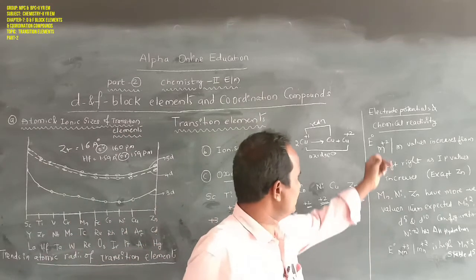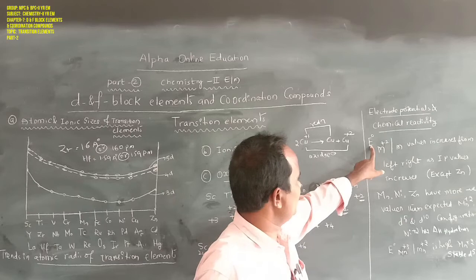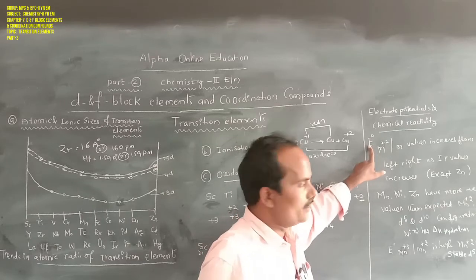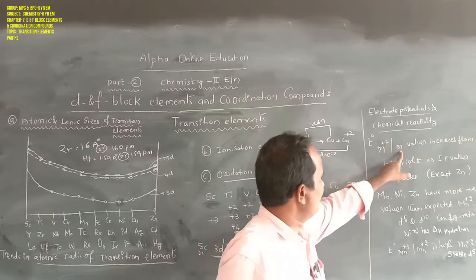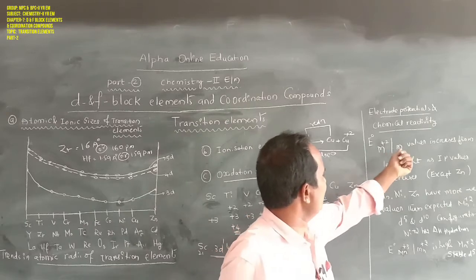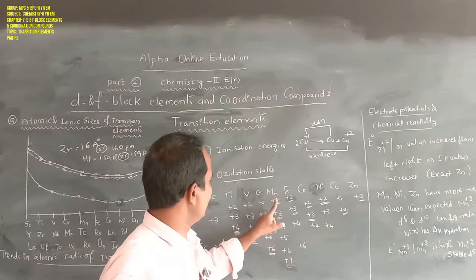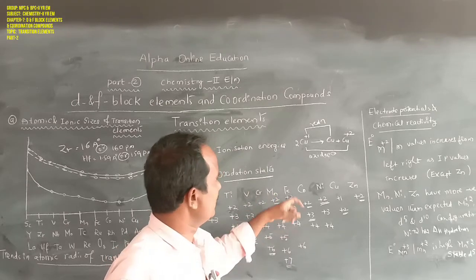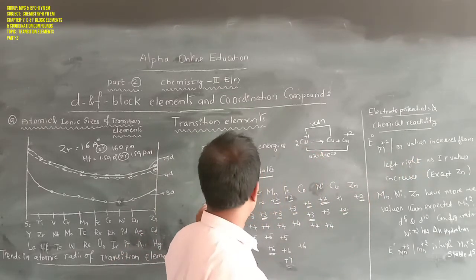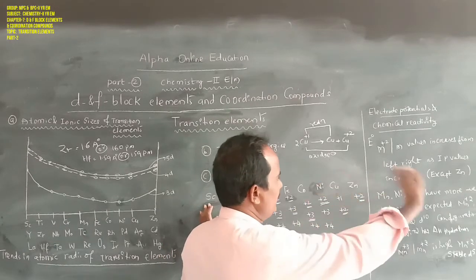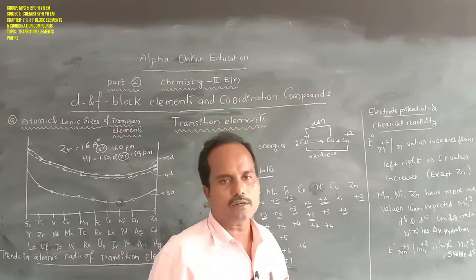Now let us see the electrode potentials and chemical reactivity. E naught is the standard reduction potential. Standard reduction potential values from M plus to M and M plus 2 to M increase, suppose you take Mn plus 2 to Mn 0, and the values increase from left to right in the periodic table, especially in transition elements.